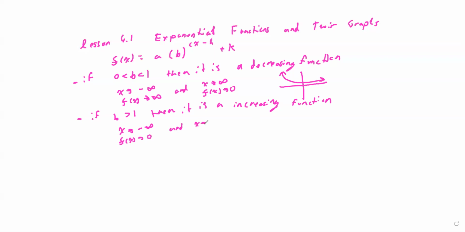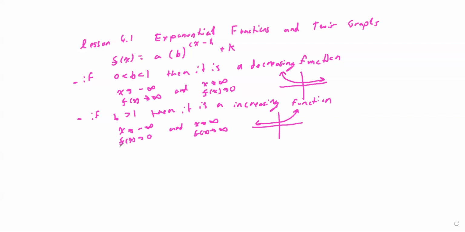And as x approaches positive infinity, f of x will also be approaching positive infinity, meaning from left to right, my function will be increasing. So you can see as x approaches negative infinity, my y value is approaching the x-axis, which would be 0. And as x is going towards positive infinity, my f of x is also going towards positive infinity.